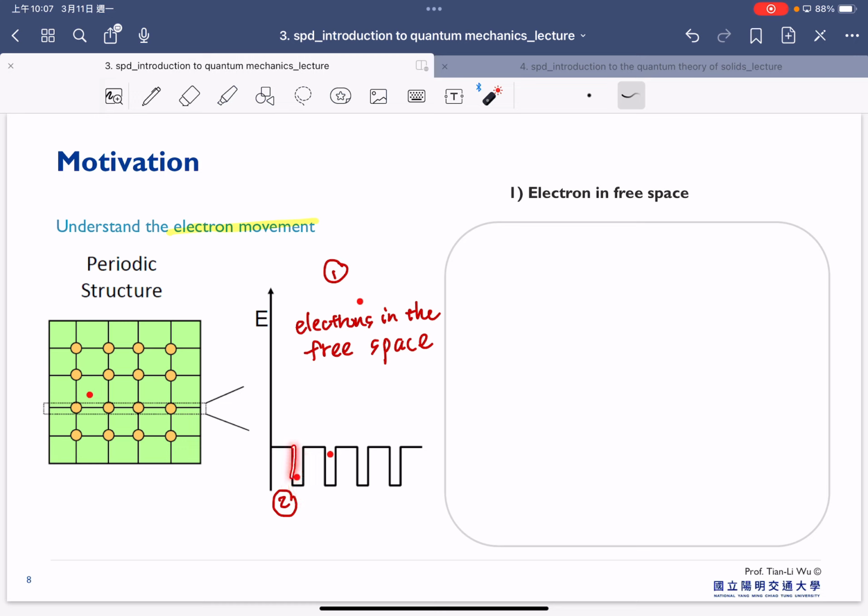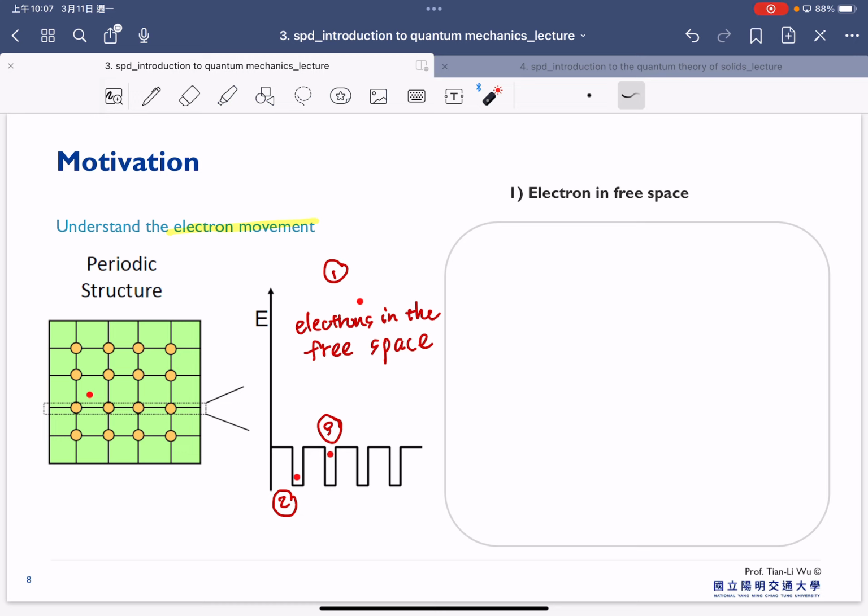This is a potential well here. Or the electrons in a position that is not inside the potential well, but slightly higher, as shown here.